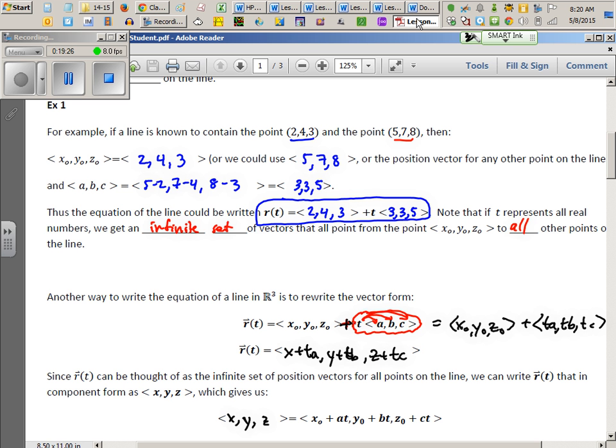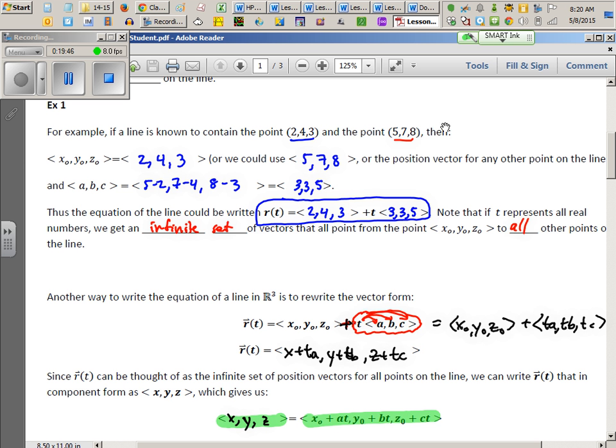Now, since these two green vectors are equivalent, that means their components must be the same. So x is equal to x naught plus at, and y is equal to y naught plus bt, and z is equal to z naught plus ct.